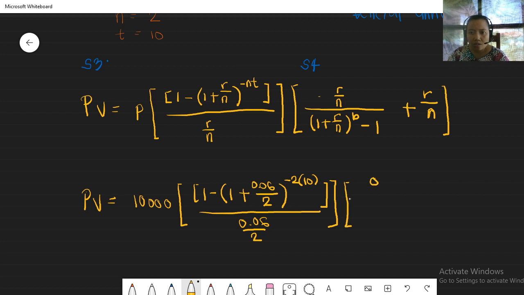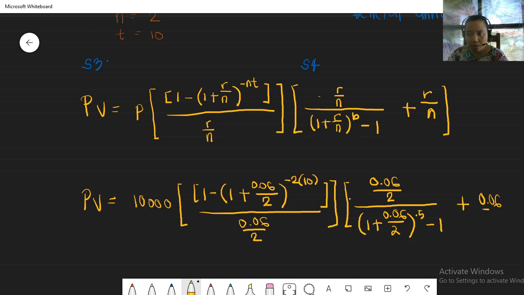Our R is 0.06, our N is 2, divided by 1 plus the same 0.06 divided by 2, raised to the power of our B value, 0.5, minus 1, and then we'll add it with 0.06 divided by 2.